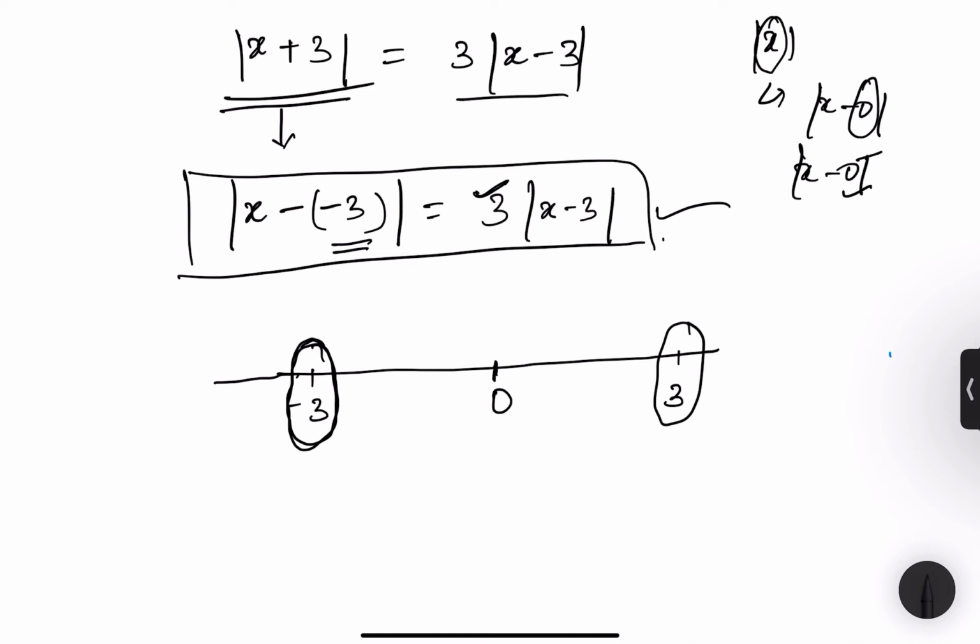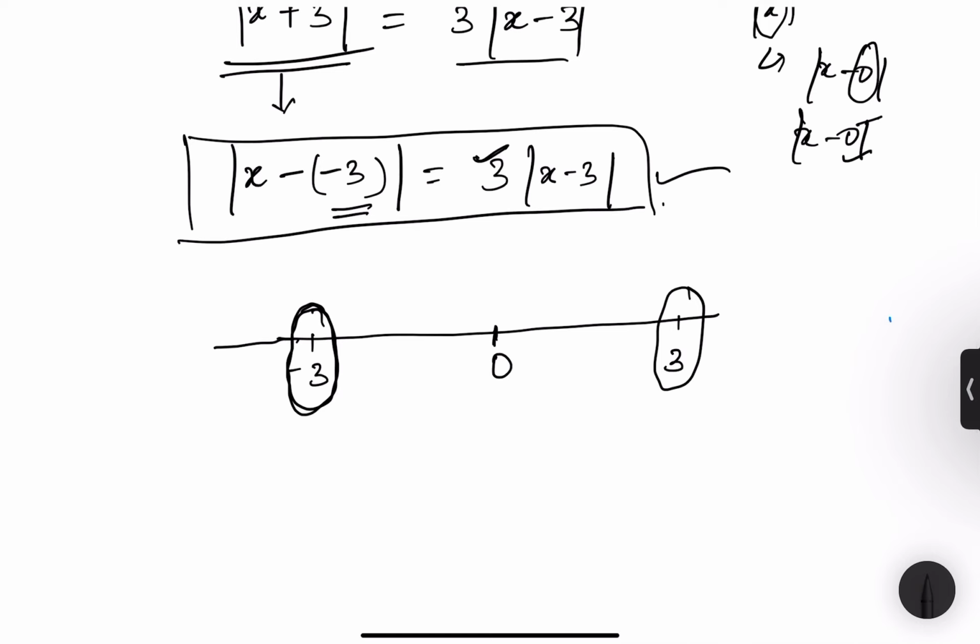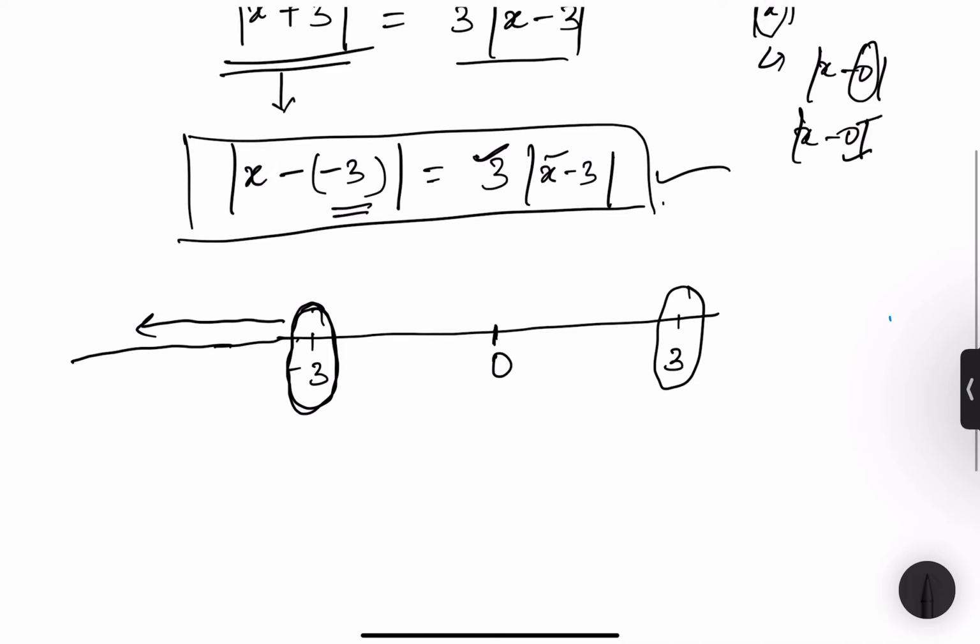So that means x cannot fall at this place, any location towards the left side of minus 3. Why? Because we want our number x such that the distance of x from number minus 3 is 3 times the distance of x from 3. So x needs to be far away from minus 3.